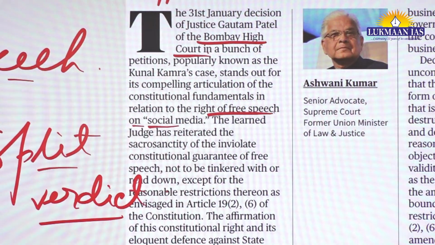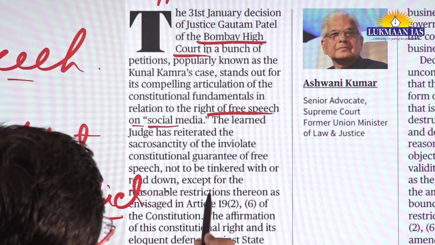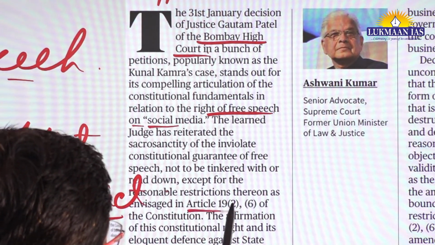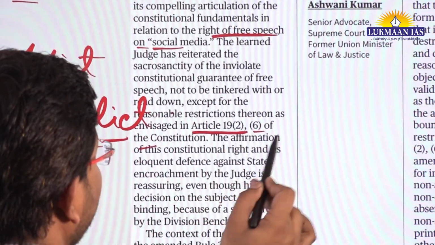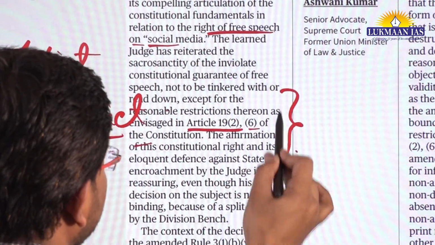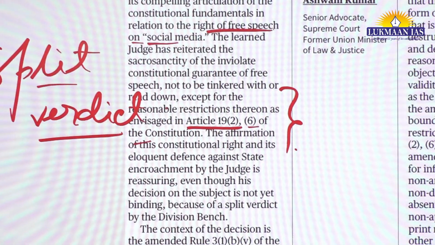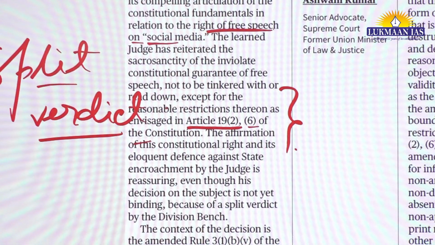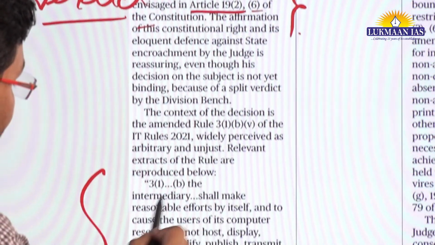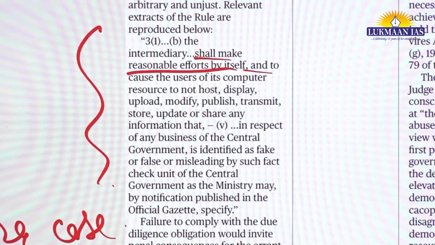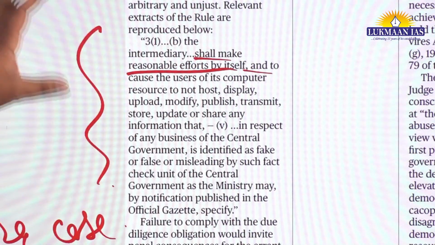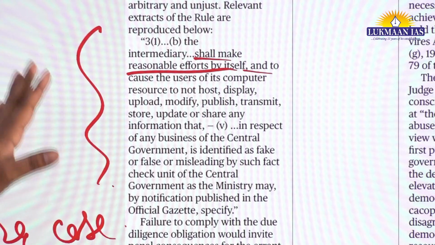The author said that except reasonable restrictions as envisaged in Article 19 Clause 2 and Clause 6 of the Constitution, which are reasonable restrictions, the other things that the central government has mentioned in the fact check unit, like the intermediary shall make reasonable efforts by itself, are unconstitutional.